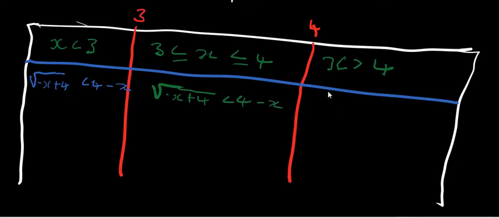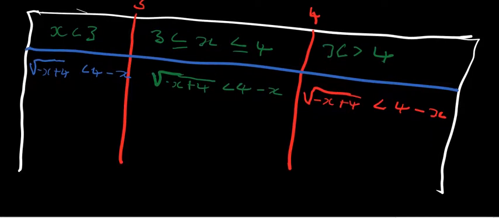Same applies with the other box. The other box is also using this same equation, square root of negative x plus 4 should be less than 4 minus x.